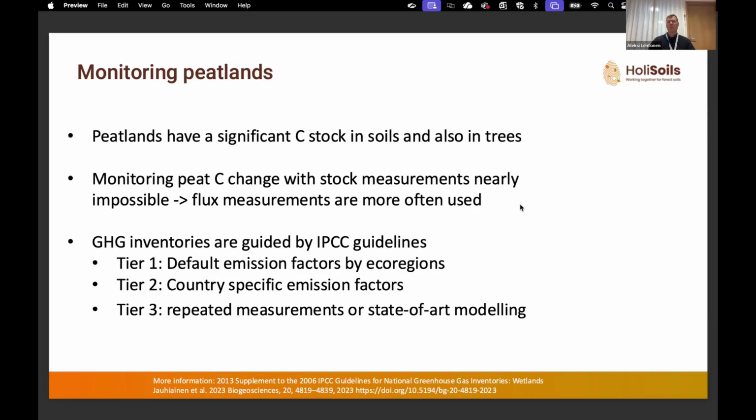For example, we can have one factor for the boreal drained peatlands, maybe for nutrient poor and nutrient rich lands, one or two emission factors for those areas. Then if a country is moving to tier 2 methods, they have country specific factors. And in tier 3, you have either repeated measurements or state-of-the-art modeling.